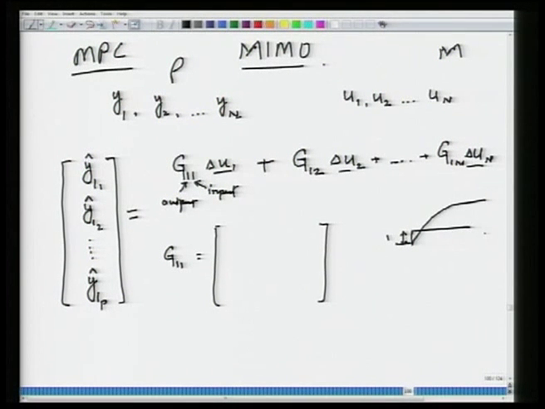So, this is U1 and this is output 1, and this record of output, the transient response of output 1, this gives me the step coefficients, which we had discussed earlier.